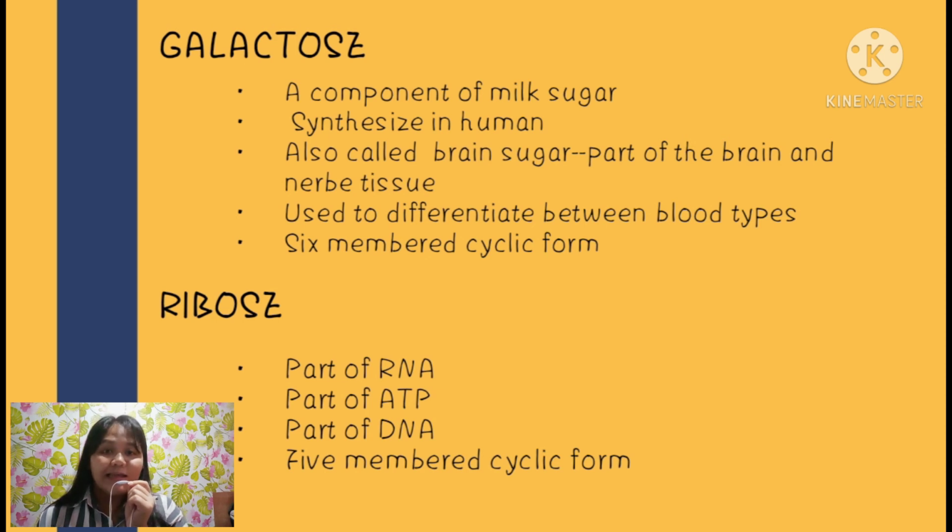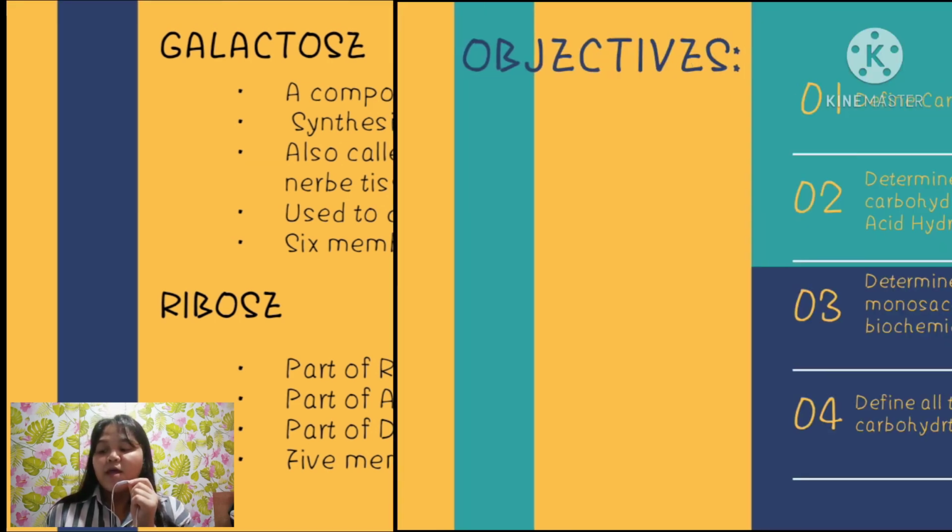And last but not the least, ribose can be found in RNA, ATP, and DNA, and it has a 5-membered cyclic form, just like fructose.